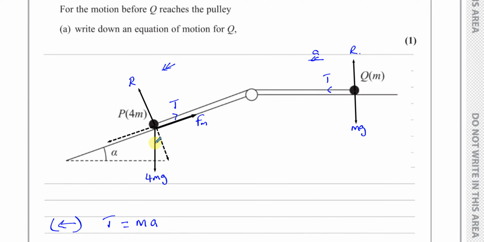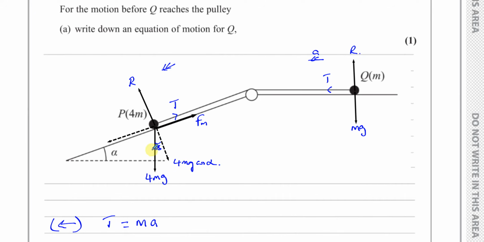This angle is alpha, the same as that angle, because these two triangles are similar. This triangle and this big triangle are similar. So if I resolve the 4mg perpendicular to the plane, it is 4mg cosine alpha.